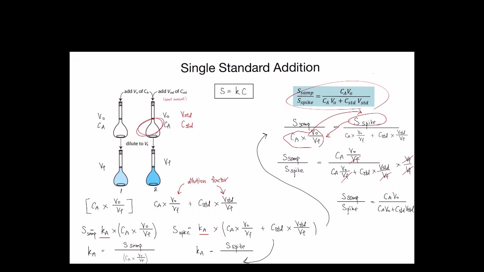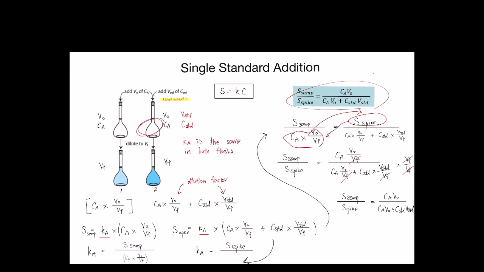The most important part in this section is the addition of the standard. And you should know that the amount of standard added should be a very small amount. Why does it have to be small? That's because we want to make sure that the Ka is the same in both flasks.